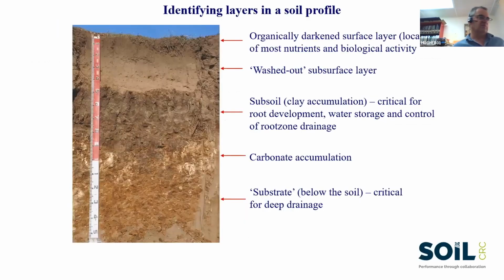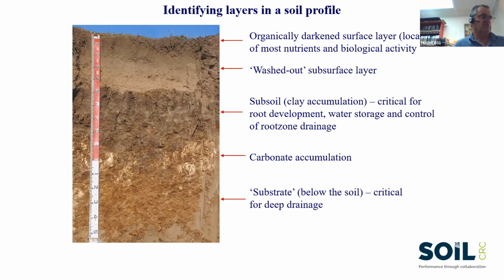Now, just moving on. I'll briefly skip through some of this stuff, which will be really quick because there's a lot in this. Certainly, as I said, the first thing at a soil pit is looking at the layers. This is one from the mid-north, where you've got an A horizon, an organic darkened surface. You've got a washed out layer, which can be called A2 or E horizons, depending where you're from.